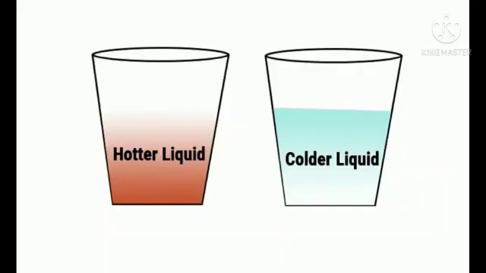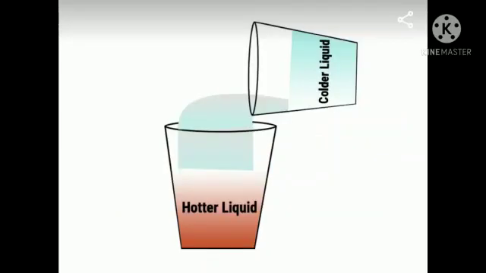Suppose we have two types of liquids and one is hotter than the other. One is the hotter body, that means a hotter liquid, and another is a colder liquid. Now we mix these two liquids. After mixing, the temperature of the mixture will be different from the liquids.